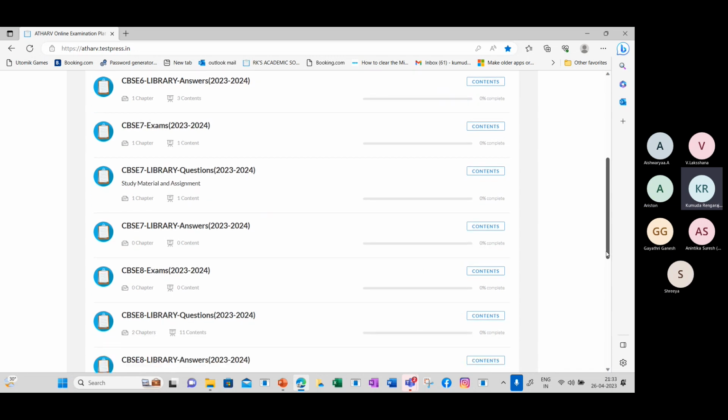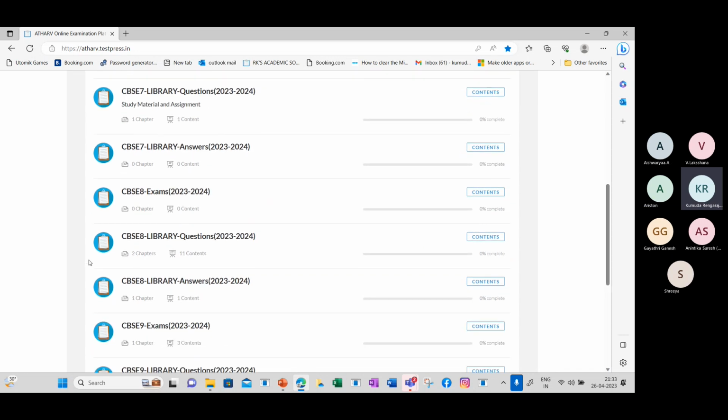You will be able to see only these three: CBSE-VIII exams, CBSE-VIII library questions, and CBSE-VIII library answers. You will not be able to see the others.